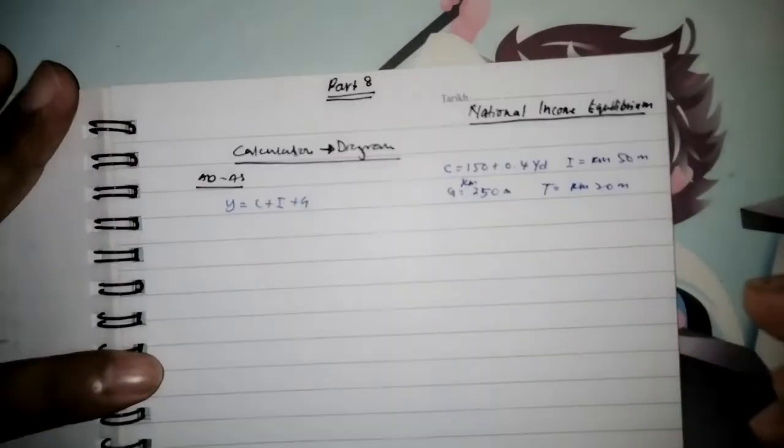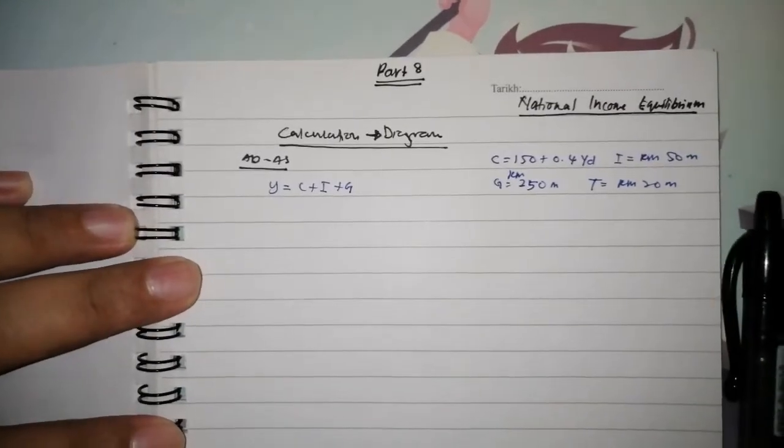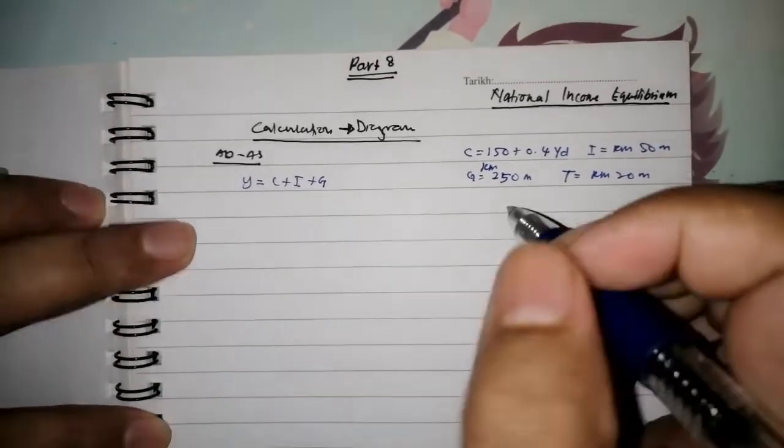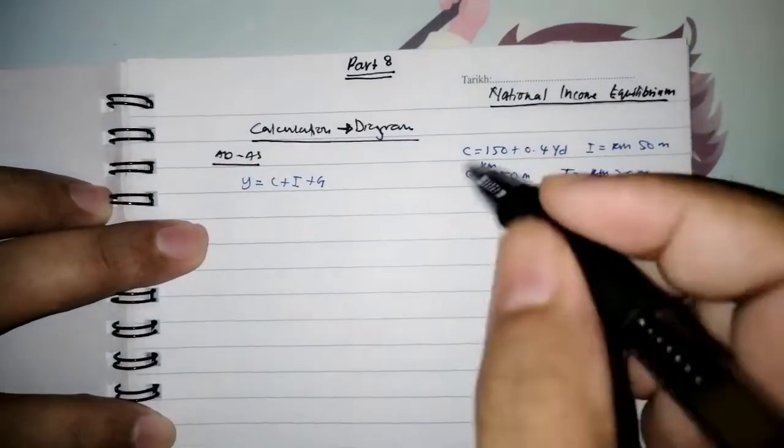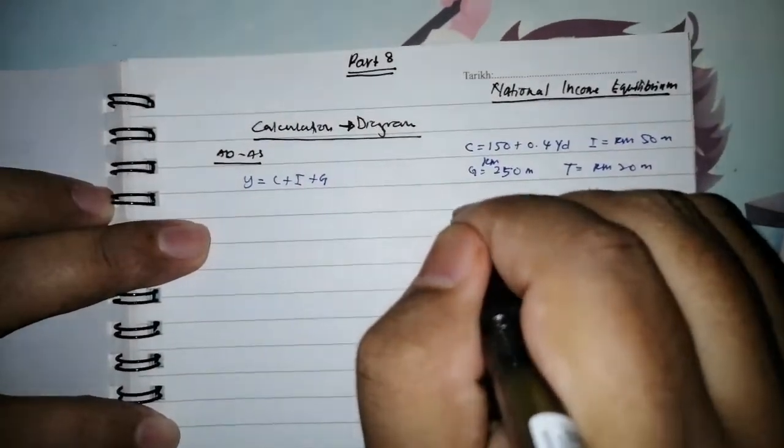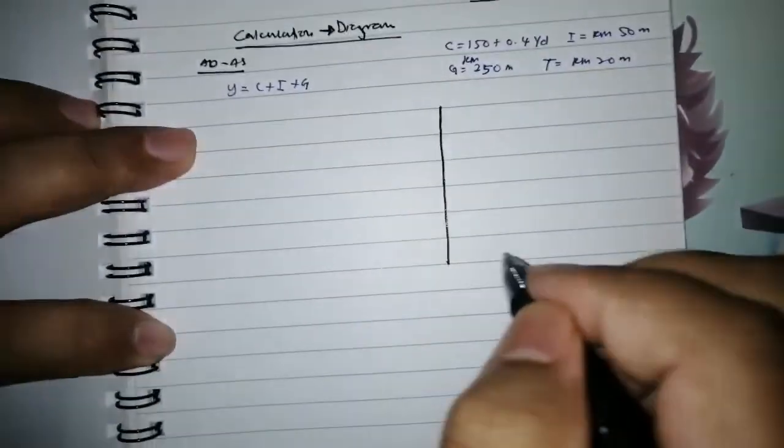Okay, this is for 3-sector. So for the AD-AS approach, sketch a diagram for AD-AS.